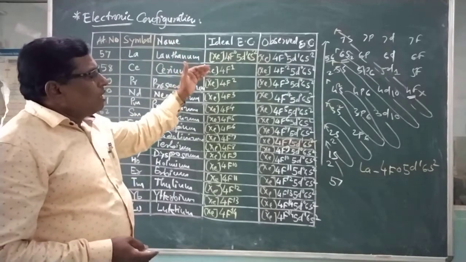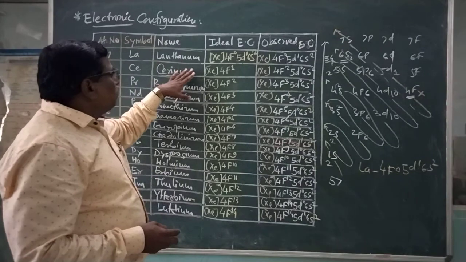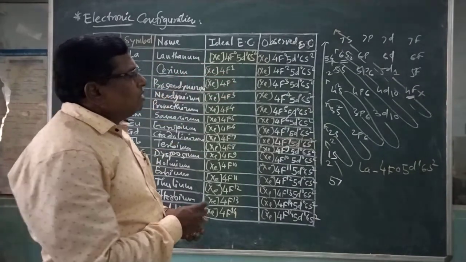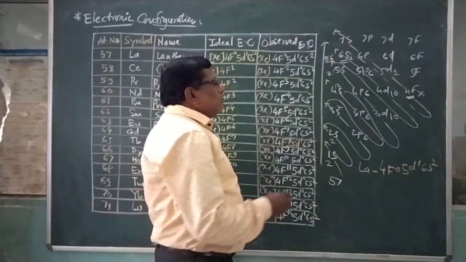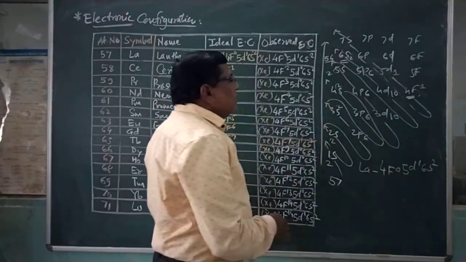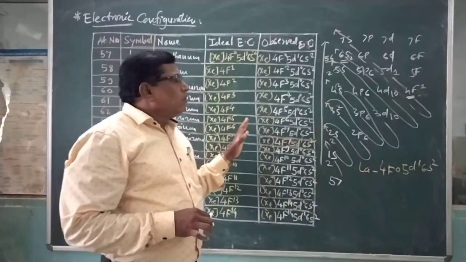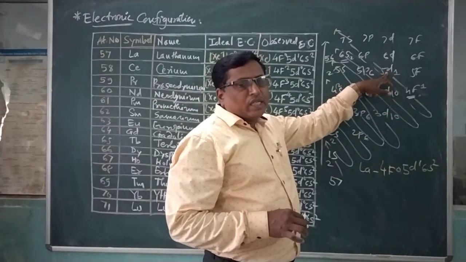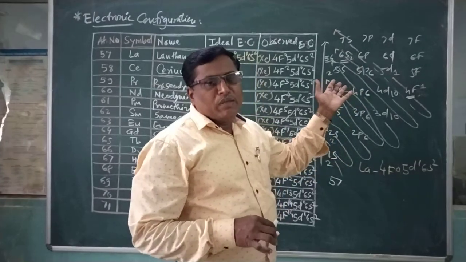Now what happens in the case of cerium, after lanthanum? Cerium has atomic number 58, and at that point the electron enters the f orbitals, because from cerium onward to lutetium, the 4f orbital possesses less energy as compared to the 5d orbitals, as we are dealing with f block elements.